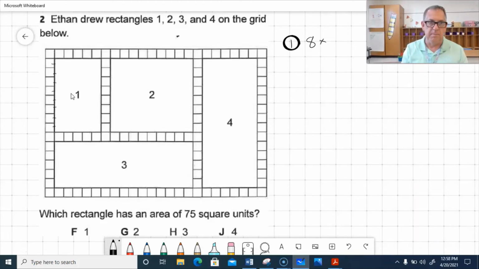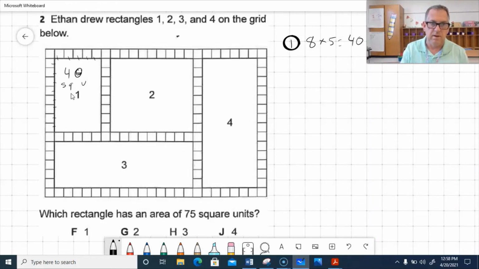And I'm going to multiply that by its width, which is 1, 2, 3, 4, 5. And I know 8 times 5 equals 40. So we'll write that down, 40 square units. Abbreviate there.